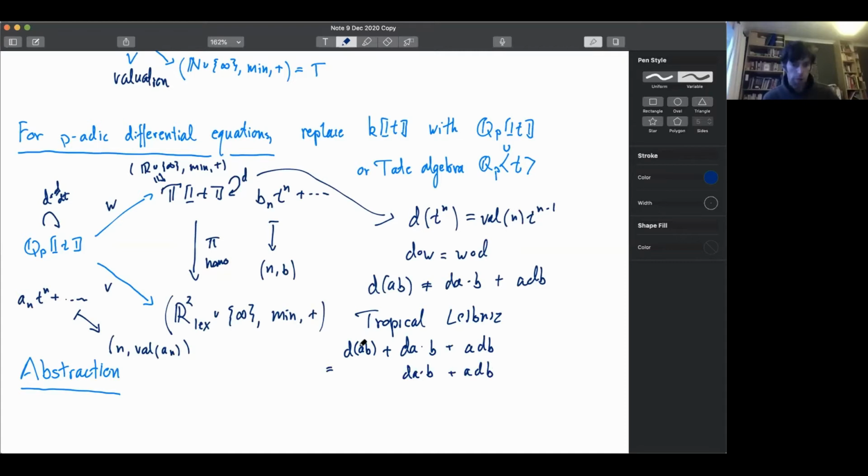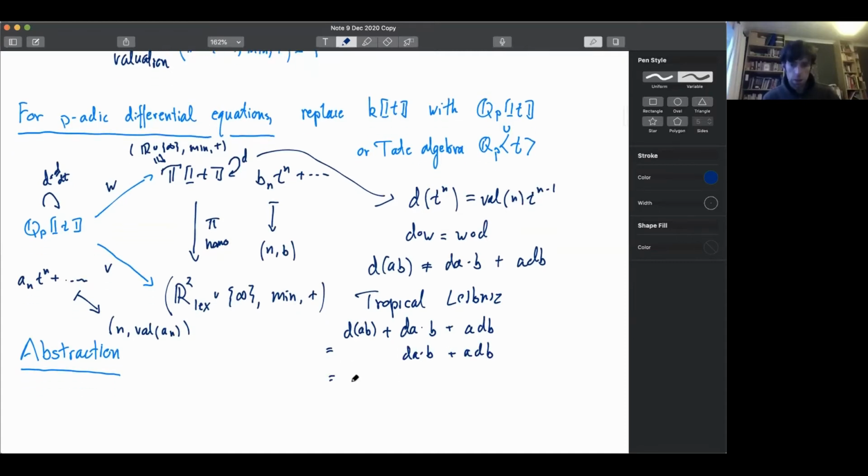So I can drop the first term without changing the value of the sum, equals dA times B plus A dB. I can drop the third one, or I can drop the middle one, d(AB) plus A dB.